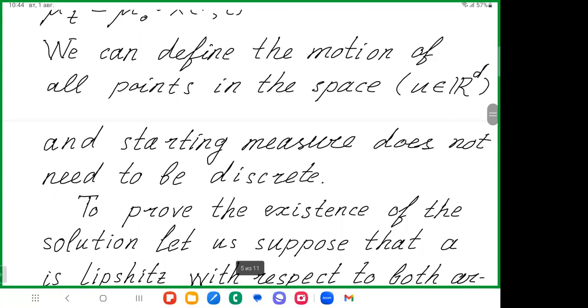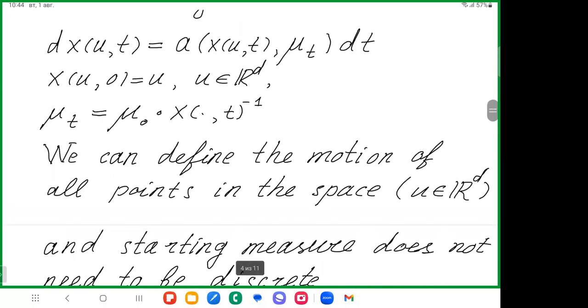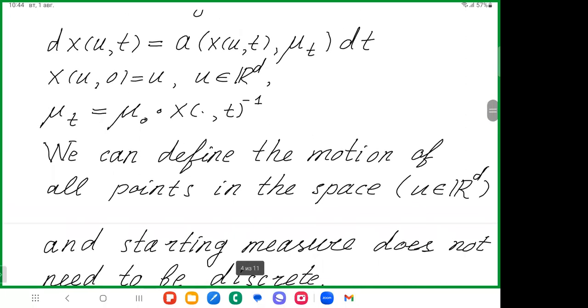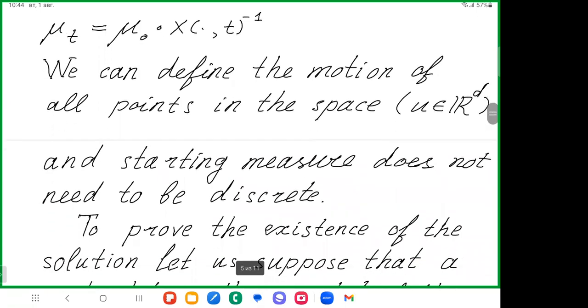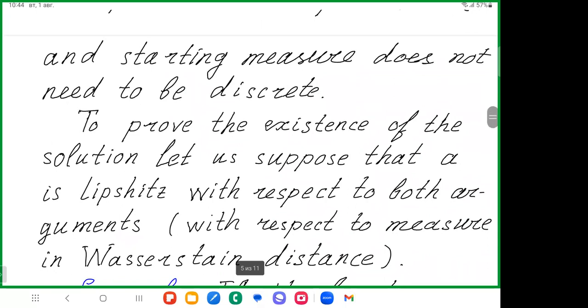Of course, one can think how we will solve this equation, because it is new for us. It must be solved simultaneously for all u together. But of course, we expect that maybe we will need some Lipschitz condition with respect to both arguments, with respect to measure in Wasserstein distance.